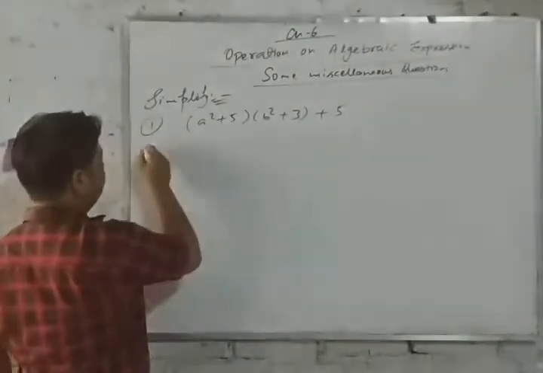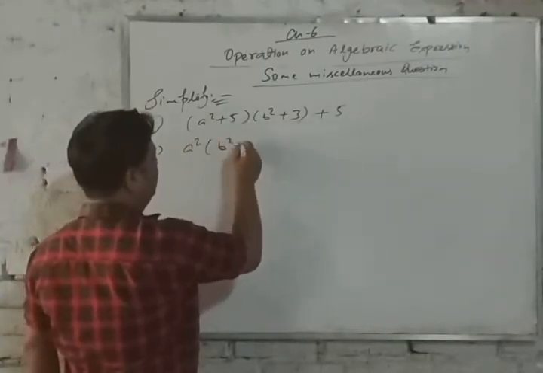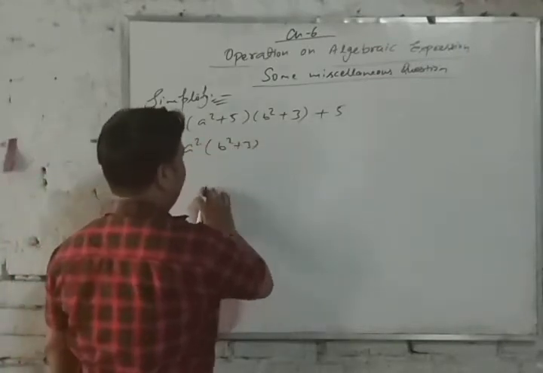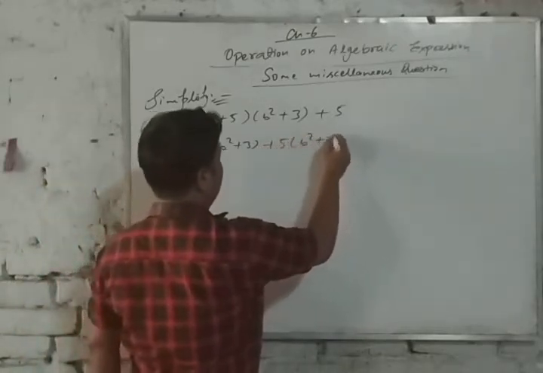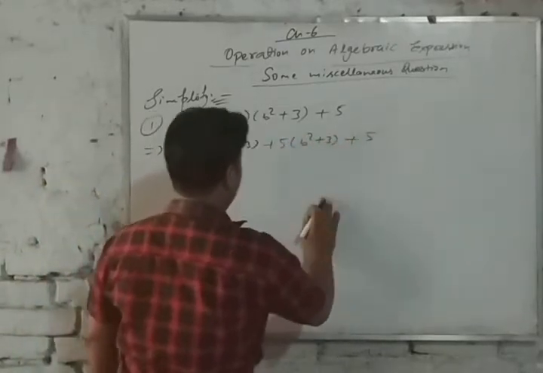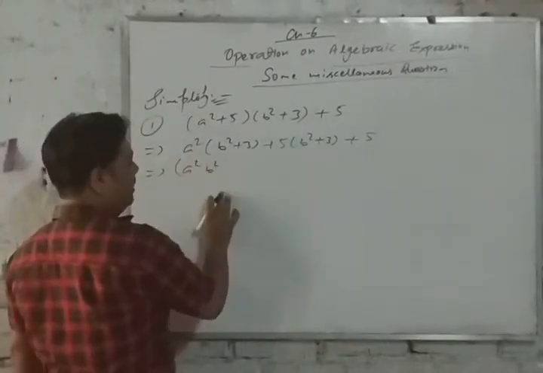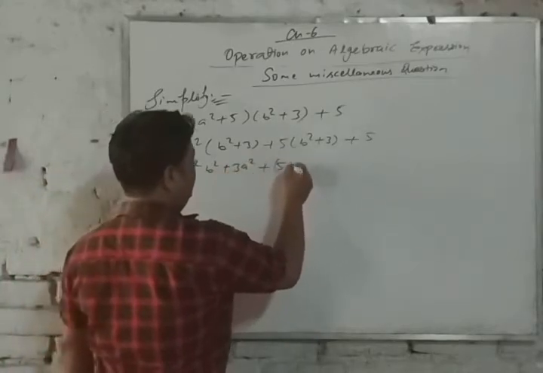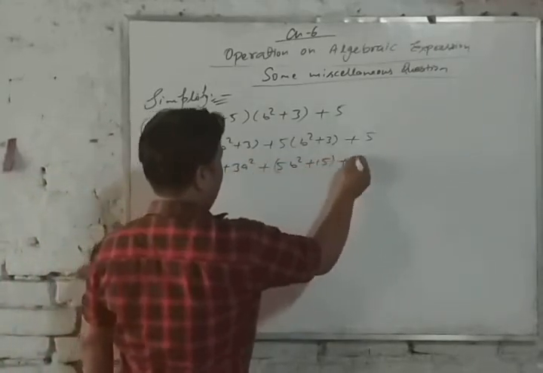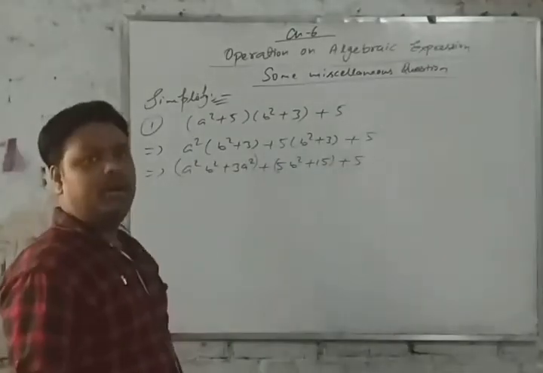We multiply the whole second expression with the first term of the first expression, then plus 5, then again b square plus 3, and after that we write plus 5. Now multiply: a square b square, and we keep it in bracket, then 3a square plus 5b square plus 15, then plus 5. In the next step we will remove the bracket.